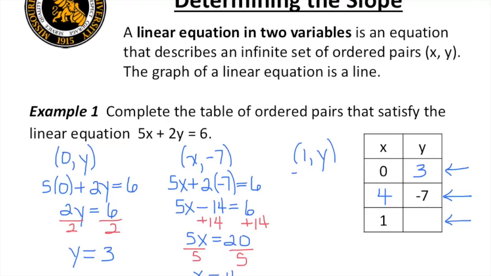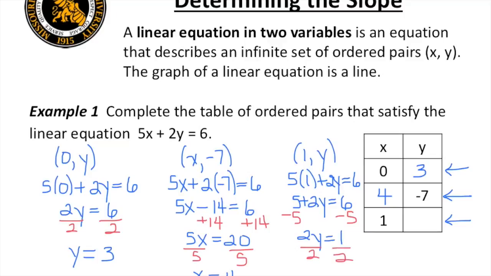So replacing x in our equation by 1, 5 times 1 is 5, so rewriting, and now solving for y by first subtracting 5 from both sides, and then dividing both sides by 2, results in y equaling 1/2.